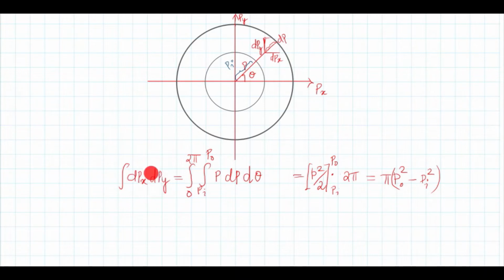So dpx dpy becomes p dp dθ. This is polar because you know that in xy space, instead of dx dy, you have r dr dθ. Similarly, instead of dpx dpy, you will have p dp dθ, and the limit of p is from pi to po. pi is the inner radius, po is the outer radius. Theta will vary from 0 to 2π. If you integrate that, you will get π(po² minus pi²).